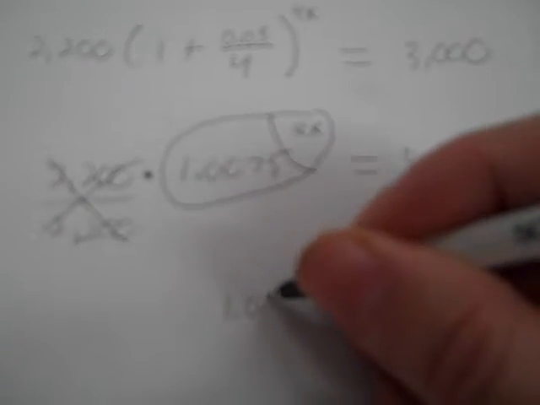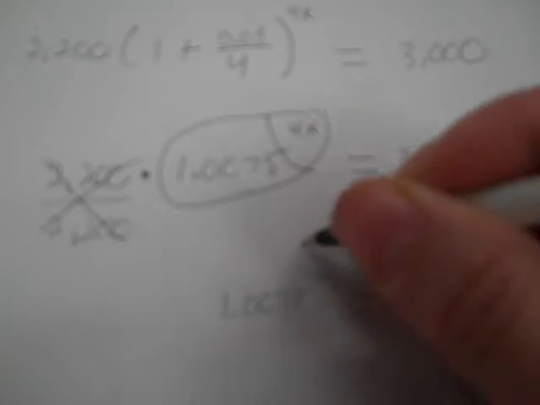So 1.0075 to the 4x power. And I take 3,000 divided by 2,200, and that's 1.36. So now I know what my base is clearly. I know what that's equal to clearly, and I go from there.